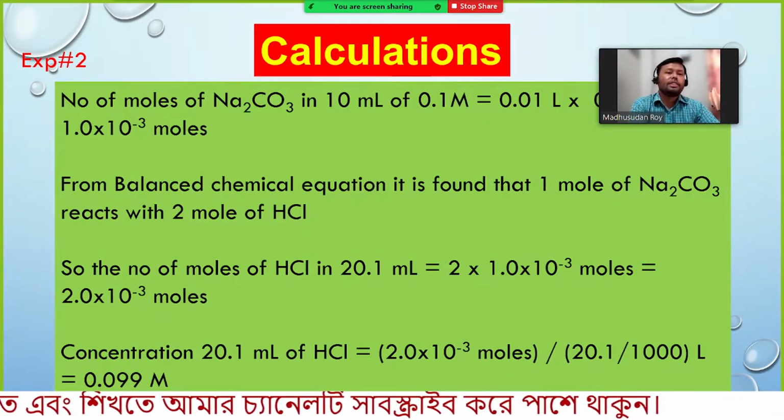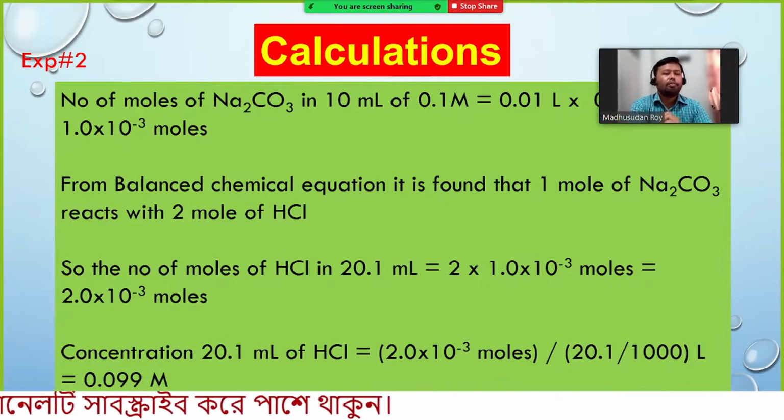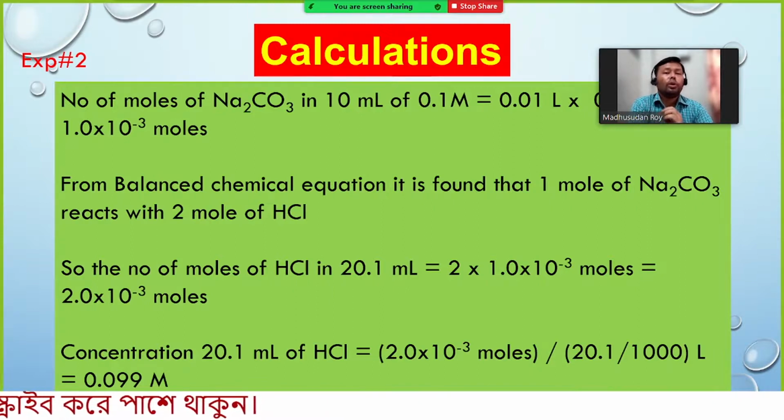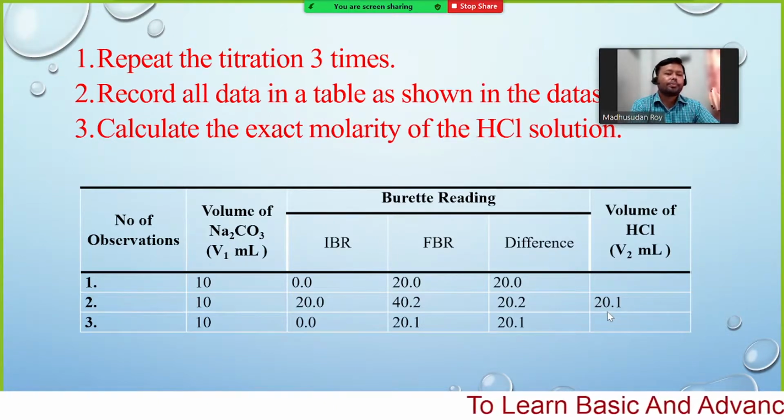Concentration of hydrochloric acid. We have already prepared an approximate solution of hydrochloric acid, but accurately we do not know what concentration we have prepared. So now find out the concentration of hydrochloric acid in 20.1 ml, because from our experiment we have found that we need around 20.1 ml of hydrochloric acid for the titration.